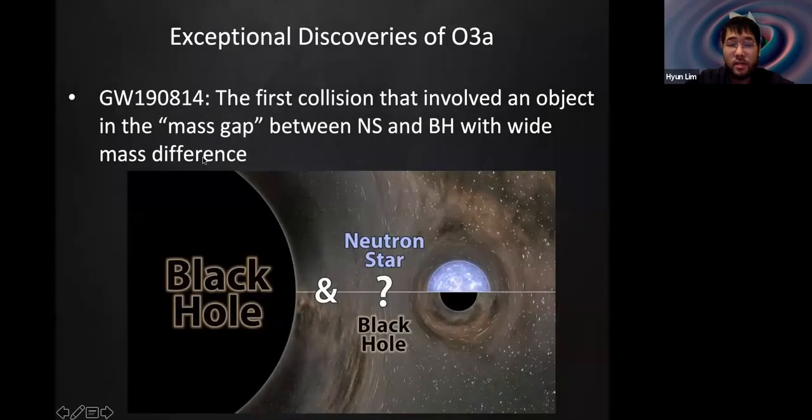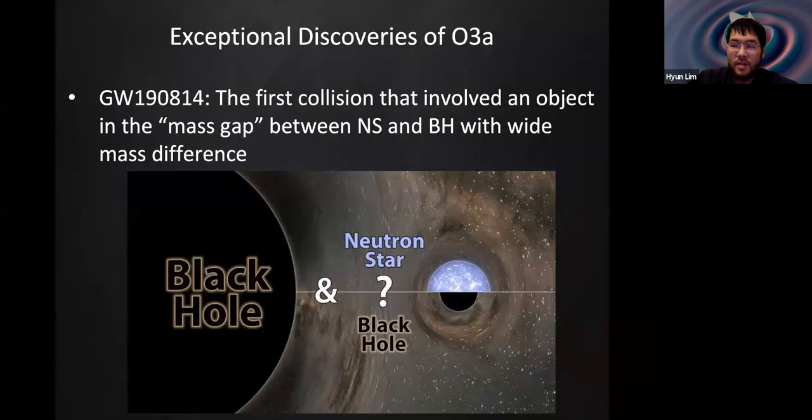Then another one is called GW190814. That's the first collision that involves an object in the mass gap. I will explain what the mass gap means: between a neutron star and a black hole, with a wide mass difference. So there are two interesting aspects here. First, some object is in the mass gap.